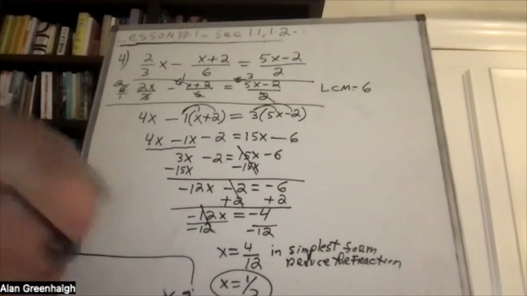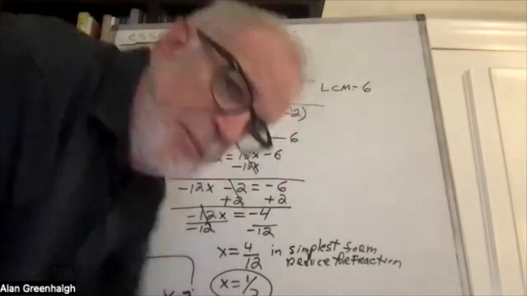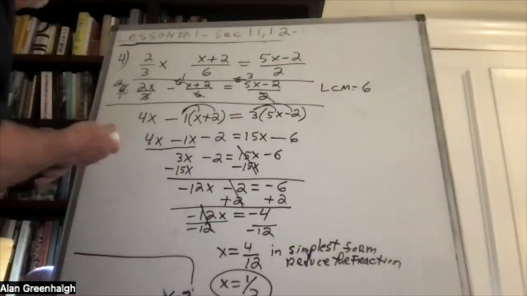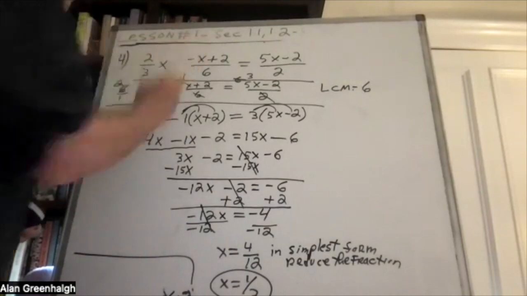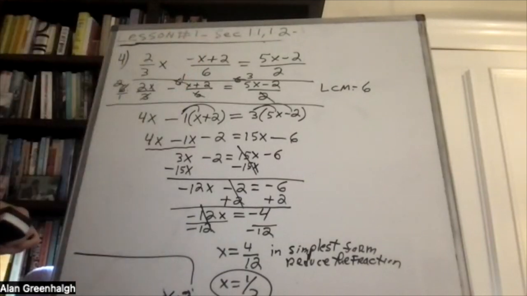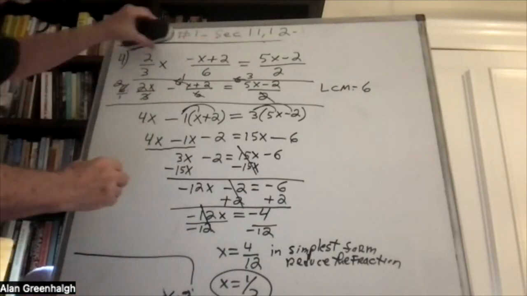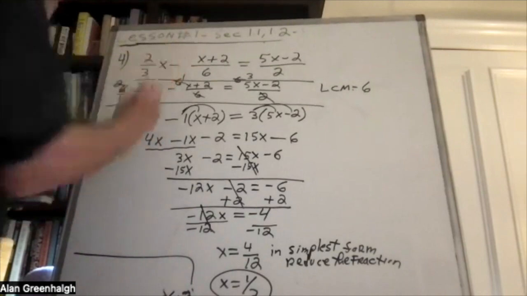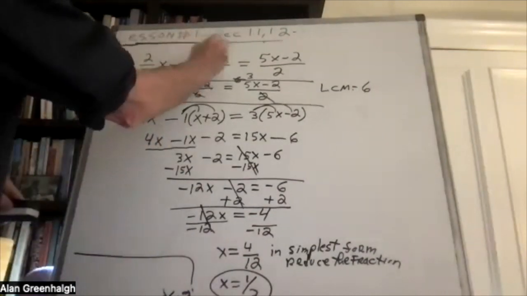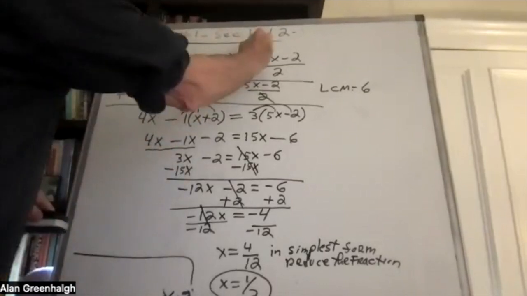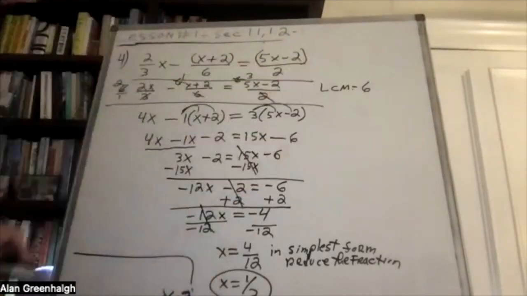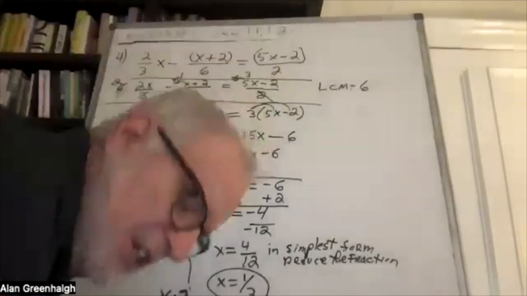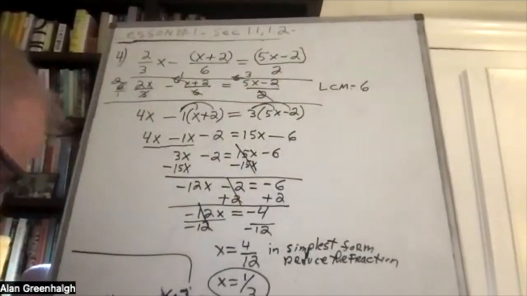I could have made this less clear if I had done this. That's not what it was, though. That was done purposely to keep that negative over there. So it was really this. But sometimes it's not going to be laid out for you so easily. So you're going to have to be very careful.